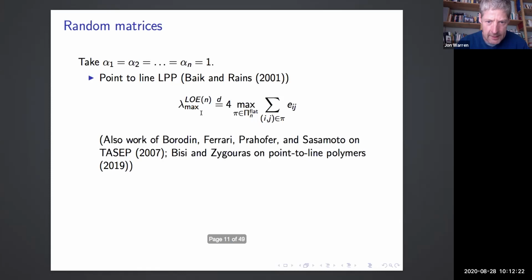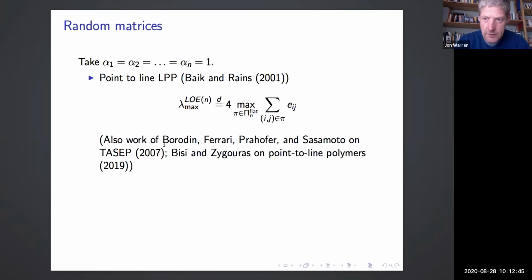Now, what have we got next? There's also a lot of other work in the literature on this random variable, this last passage percolation time, point to line with exponential weights. It appears in work on the TASEP with periodic initial conditions.